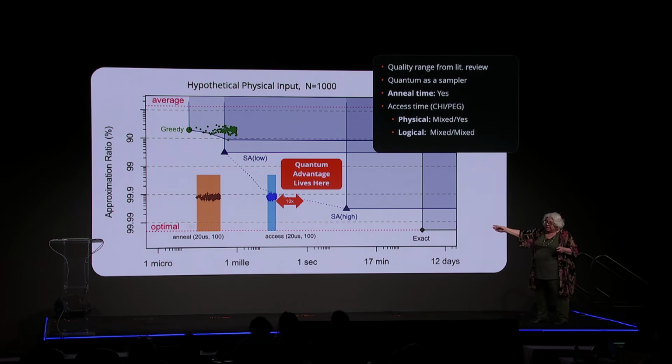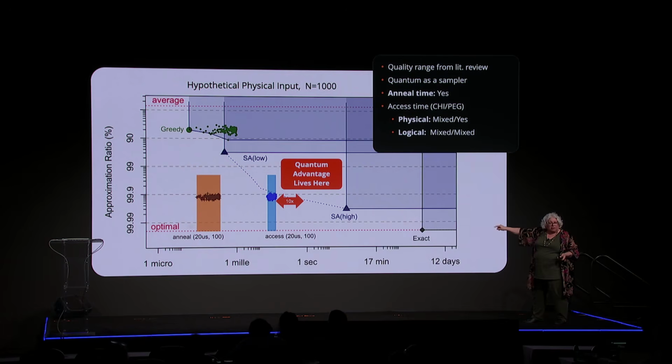And you can see that anneal time, if you put a point anywhere in there, is going to dominate. It's going to be the best solution, Pareto optimal for most of this range. And access time, because it's got that 30 millisecond lower bound on programming time, you have to take the same points and shift them right.